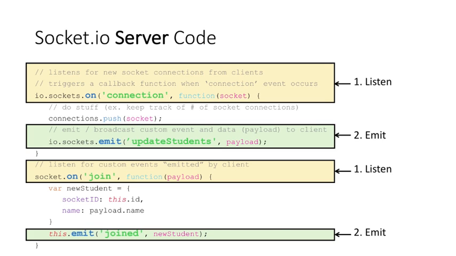Below the second green box, you see it's a this.emit, and that would be sending the message just to the client socket that would be referred to as this in this case.